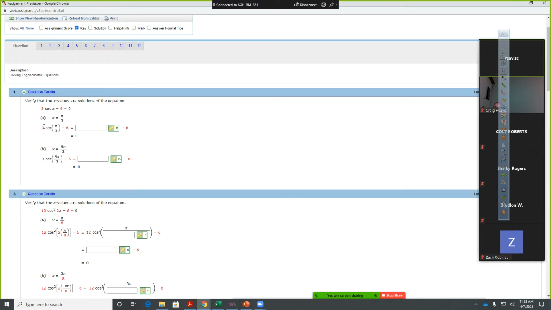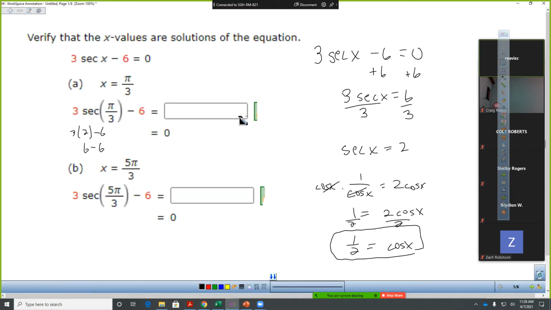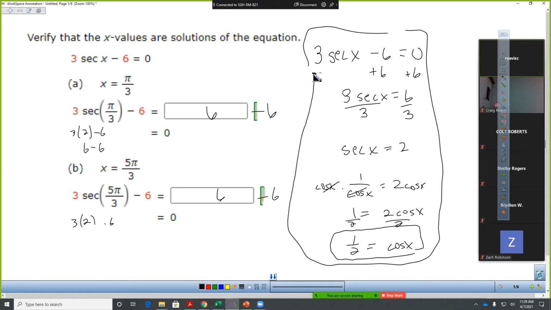Yes, so what they're asking you to do is simplify 3 secant of pi over 3, which is 6, and I cut this off. There's a -6 right here, so that fills in 6 there. And the same thing here, secant of 5 pi over 3 is 2. So this is 3 times 2 minus 6, and there's a -6 there in the problem, so it's 6 minus 6 equals 0.